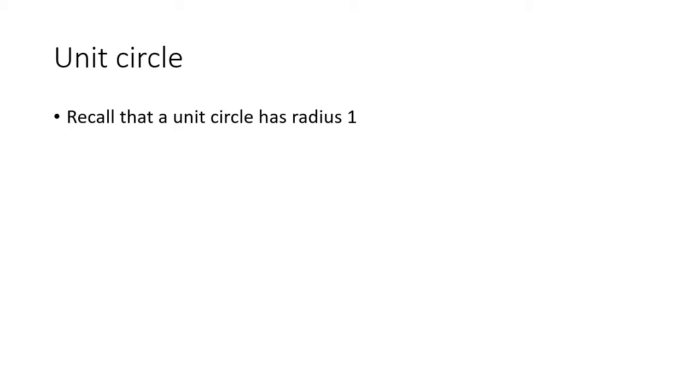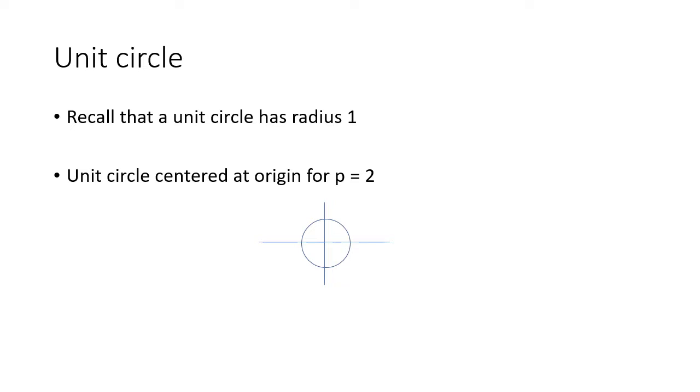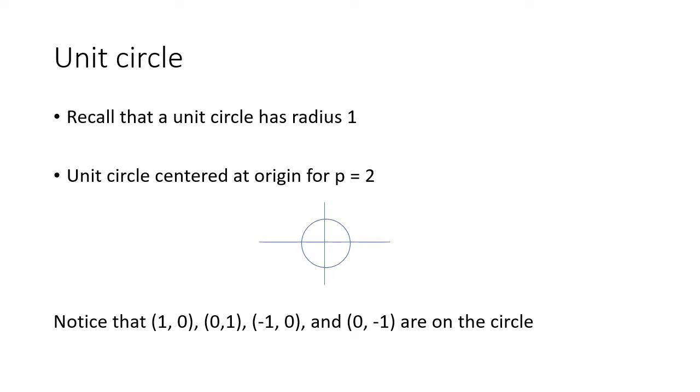So to think about a unit circle, recall that a unit circle has radius 1, and we're going to consider unit circles that are centered at the origin. For p equals 2, we get the unit circle we're used to. Notice that the circle intersects the axes at the points (1, 0), (0, 1), (-1, 0), and (0, -1).